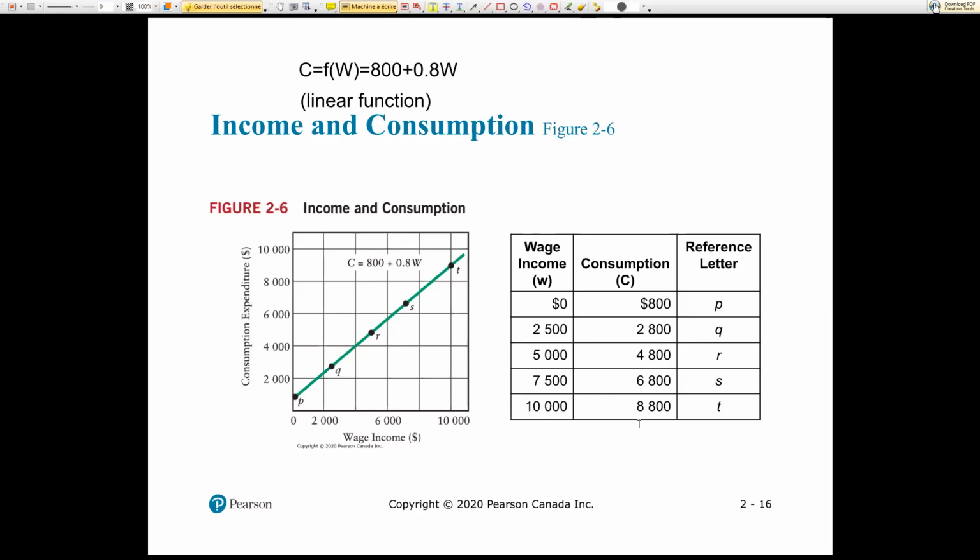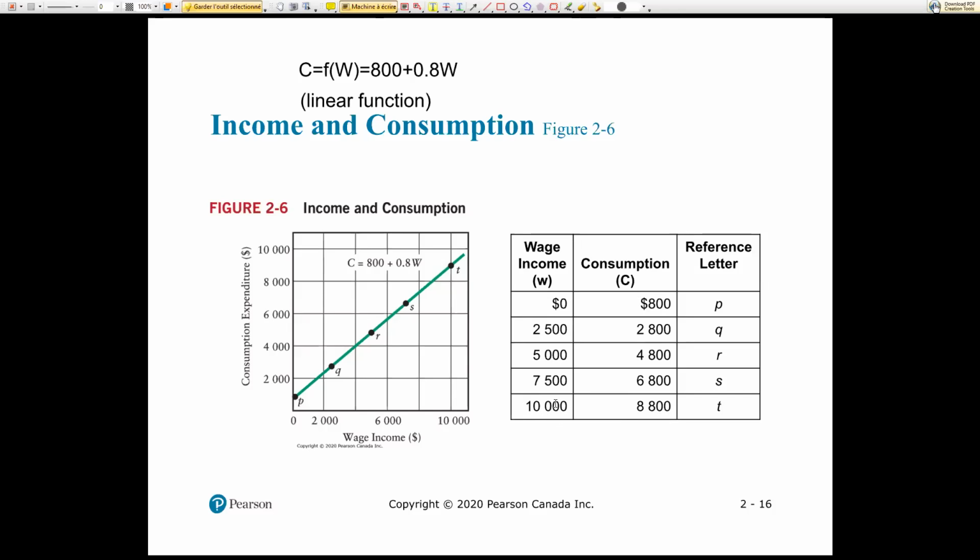Just to go deeper into the economics, since we're still on this graph: when you have a wage of 0, you consume more than your wage. But when you have a wage of 10,000, you consume less than your wage. What does that tell us? It could tell us something about people's ability to smooth consumption over time.